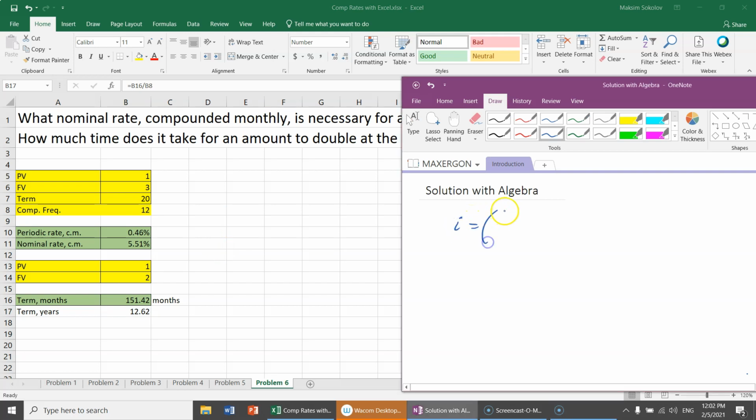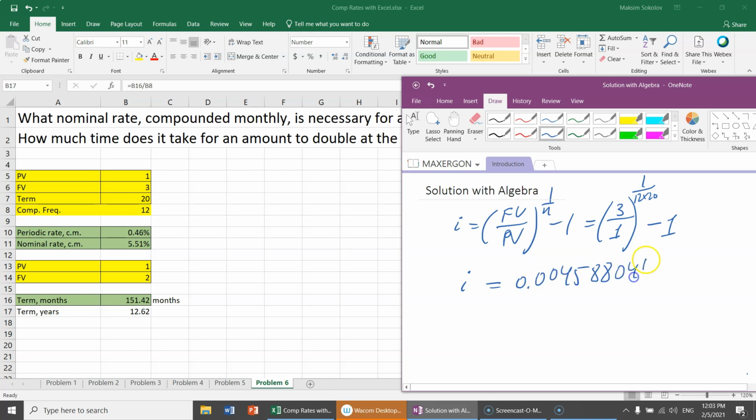Let's see how to solve this problem with the algebra. First, we'll use formula for i: future value divided by present value, to the power 1 over n, minus 1. This means that the future value is 3, the present value is 1. It's 1 over 12 times 20. So the n here is 12 compounding periods per year times 20 years, minus 1. If we solve this, we'll obtain i, which is 0.004588044.